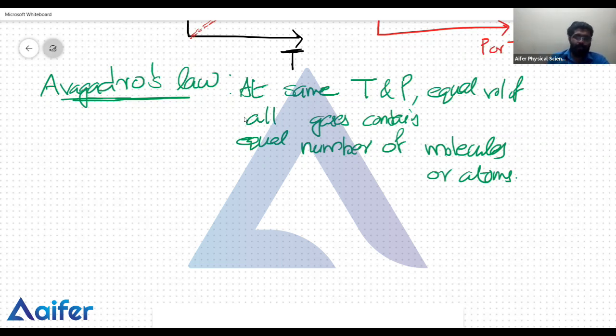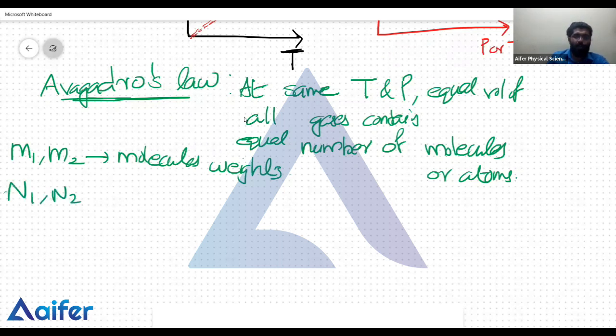Suppose we are taking two different gases. Let M1 and M2 be the molecular weights, and I'm taking N1 and N2 number of molecules.